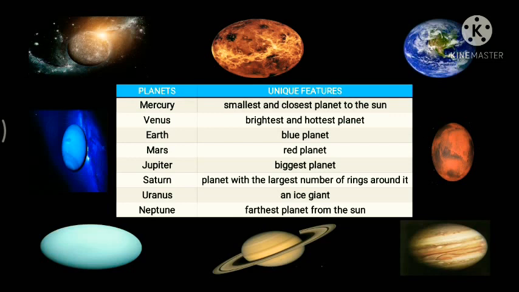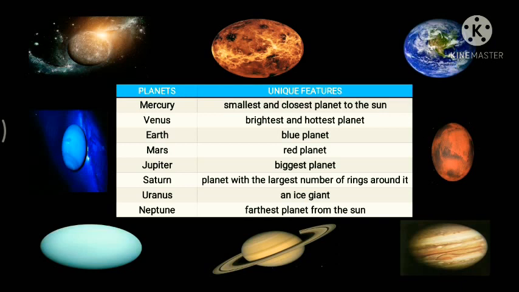So, what are the features? Let's see. Mercury is considered the smallest and the closest planet to the Sun. Venus is the brightest and the hottest planet. Our Earth is considered the blue planet. Mars is known as the red planet. Jupiter is the biggest planet in the solar system. Saturn, we all know, is the planet with the largest number of rings around it.